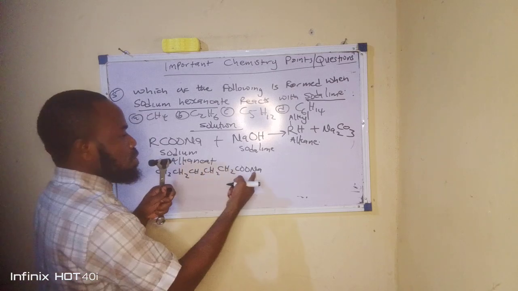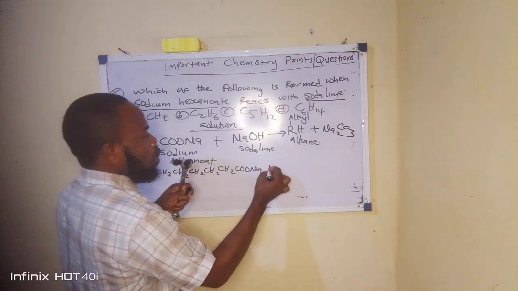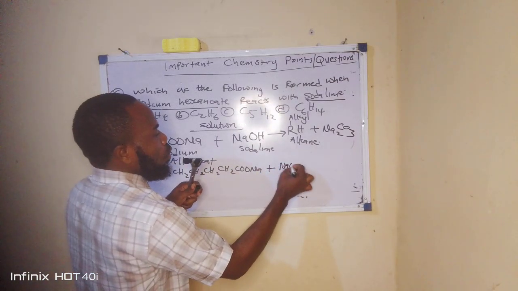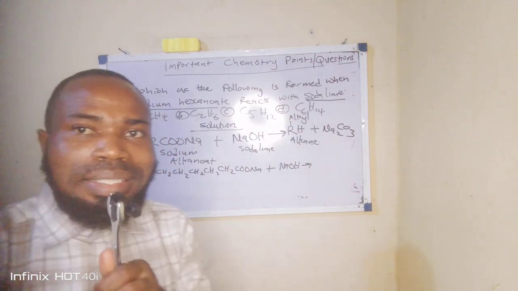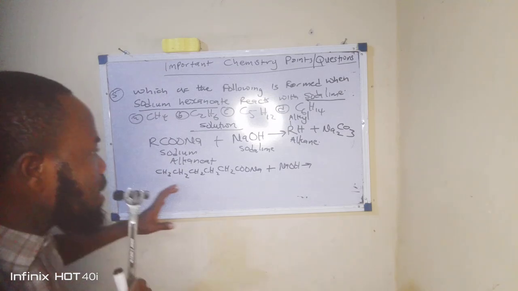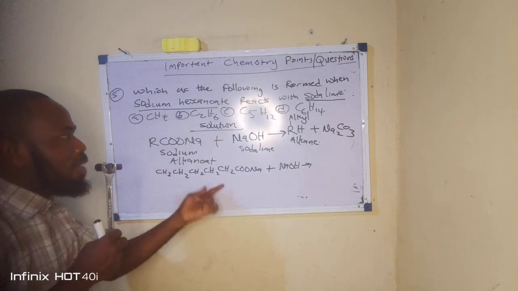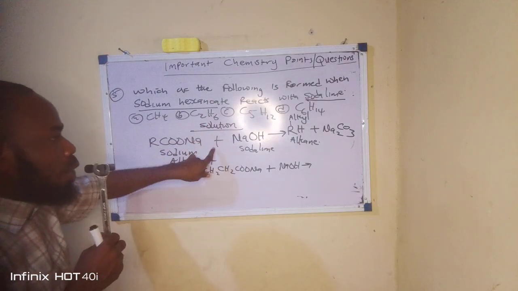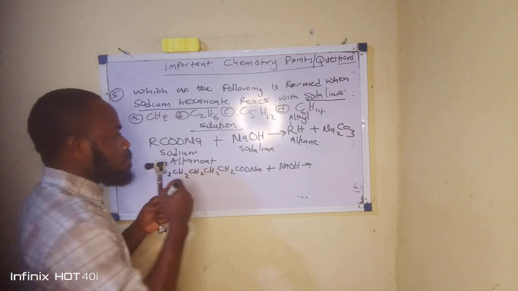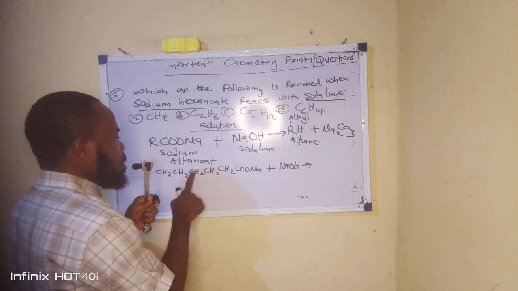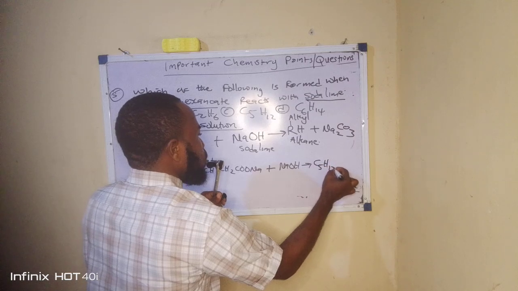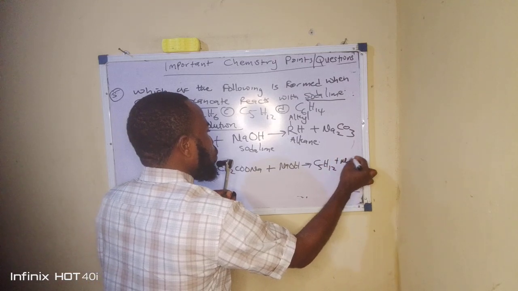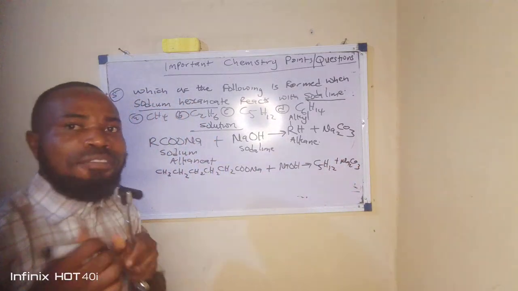Now this is sodium hexanoate plus NaOH. Now what will happen? Remember what we are saying here, that the alkane formed will be one carbon atom lesser than the alkanoate. So what am I going to have here? It will now be 1 2 3 4 5. That means I'm going to have C5H12 plus Na2CO3.